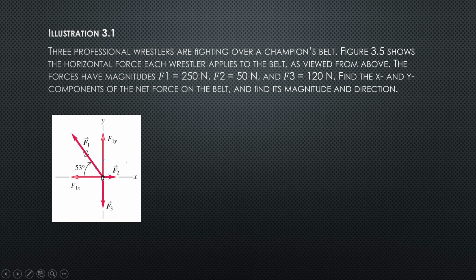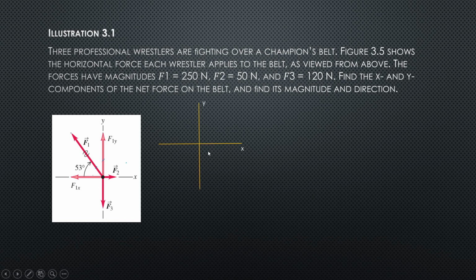Based on the figure, there are three forces acting on the belt, that is force 1, force 2, and force 3. Force 1 makes an angle from the negative x-axis of 53 degrees. Force 2 acts horizontally along the positive x-axis, and force 3 acts in the negative y direction.